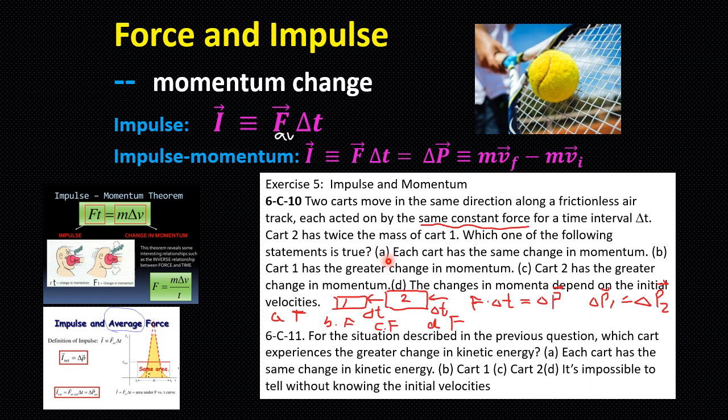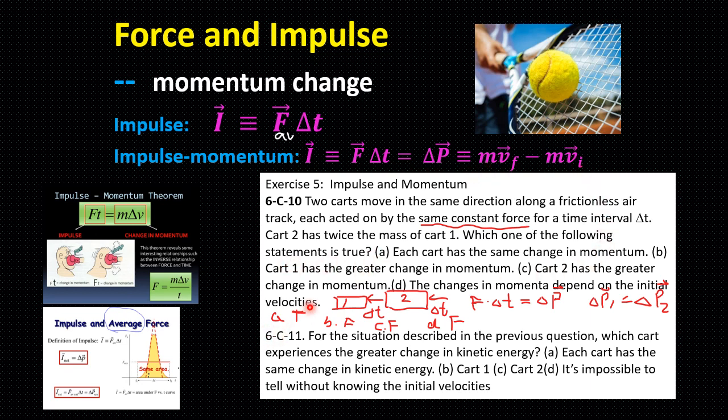First, A: each car has the same change in momentum. We just talked about the momentum impulse theorem: force times time, that's impulse, equals the change in momentum. This is the same for both, therefore the change is the same. So the first statement is true.